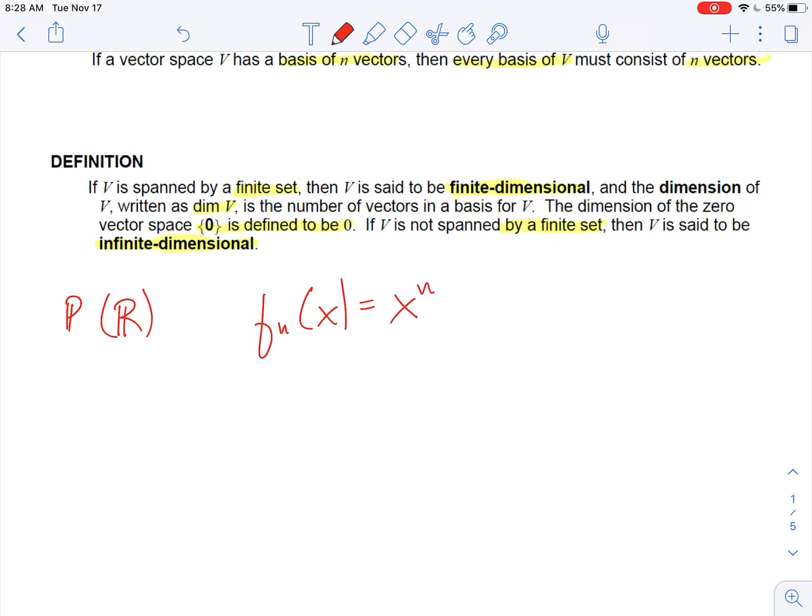So we're looking at any polynomial. Obviously, the dimension of this is infinite. And clearly, the zero vector is a member of this set. So we know that this is, in fact, a vector space, but we also know that it would take more than a finite number of vectors in order to generate all polynomials of all degrees. So we're looking at something that would be referred to as infinite dimensional.